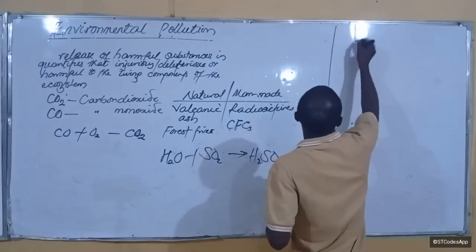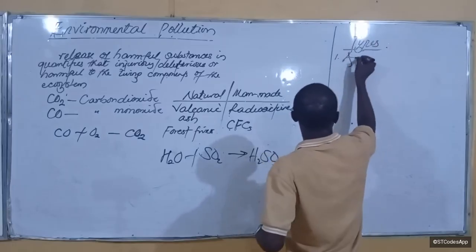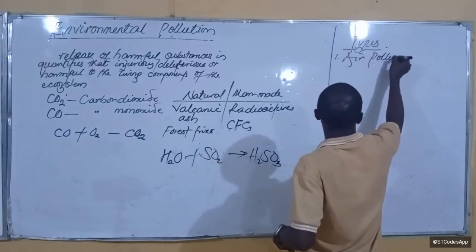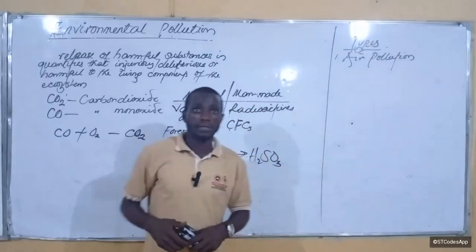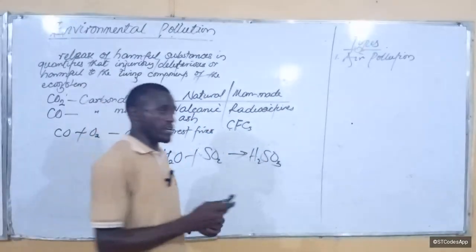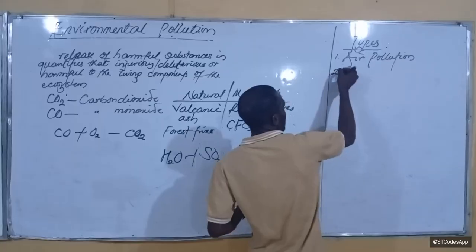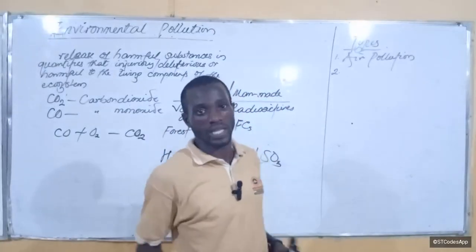Number one, I'm talking about the types of pollution now. We have air pollution. Now, what is air pollution? Air pollution is basically discharge of harmful substances, like we said, to the air, to the atmosphere, okay? And we classify these based on the components of the ecosystem that they affect.